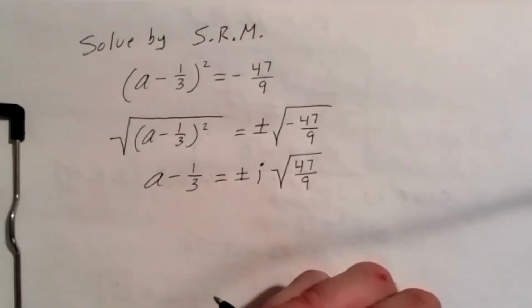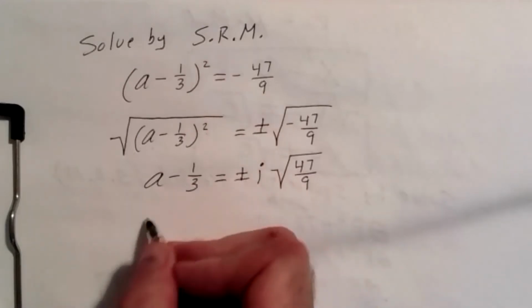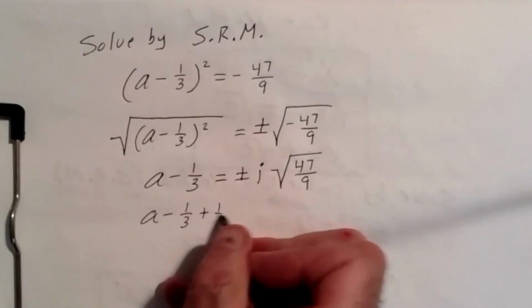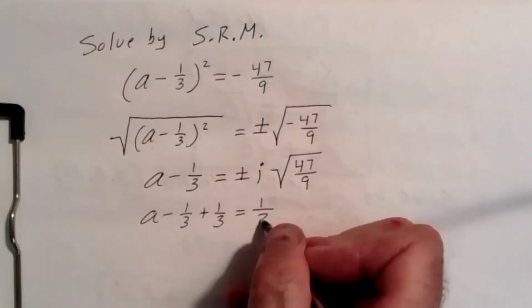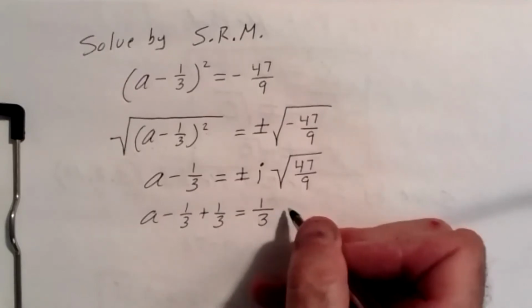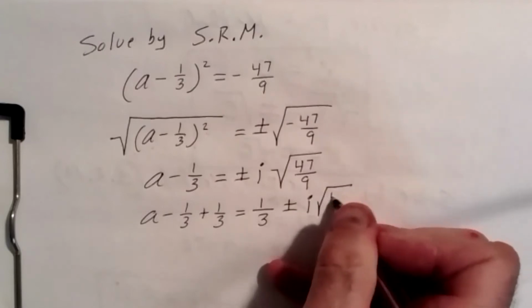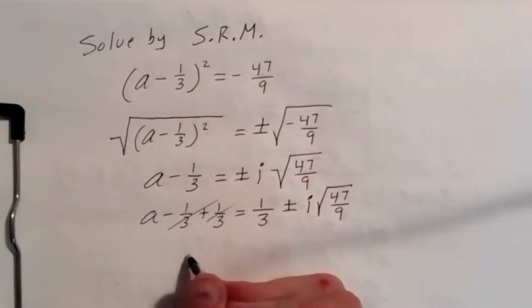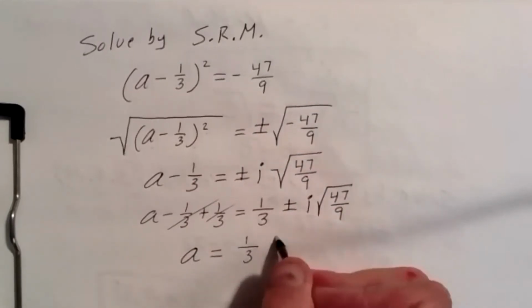Now, as I'm going to get a by itself, we're going to add 1/3 to both sides of this equation. Notice how I add it to the right side. I precede the plus and minus business with the 1/3 I'm adding to the right side. And the 1/3 dives out on the left side, leaving us with a. On the right side, we have 1/3 plus or minus.